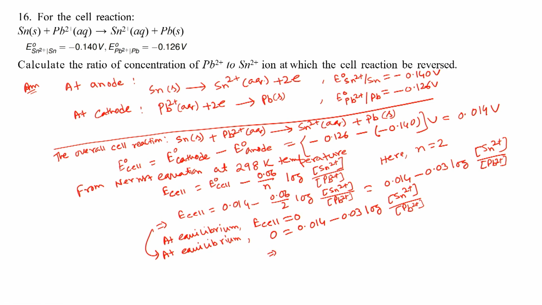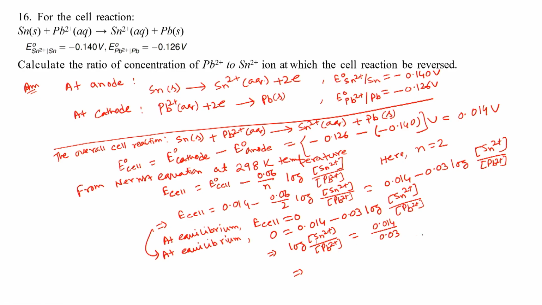If we further simplify this, we get log concentration of Sn2 plus by concentration of Pb2 plus will be 0.014 by 0.03.